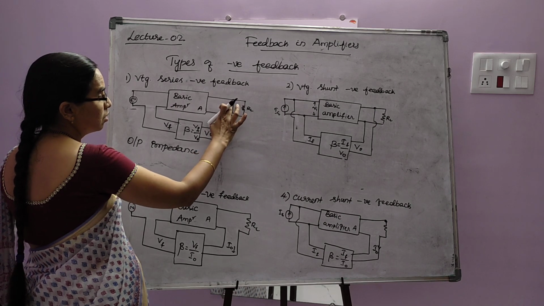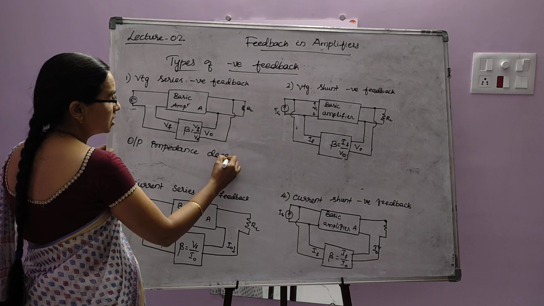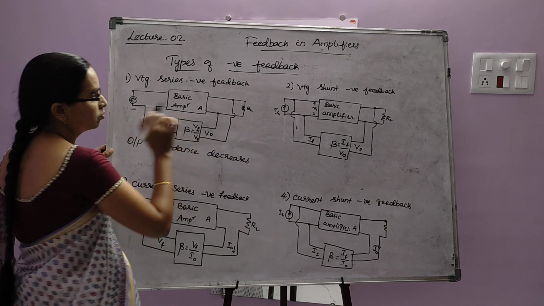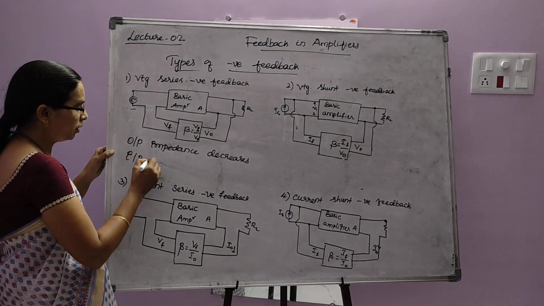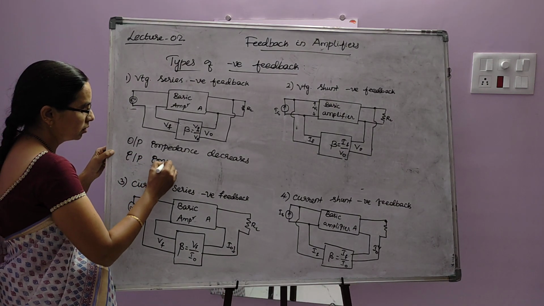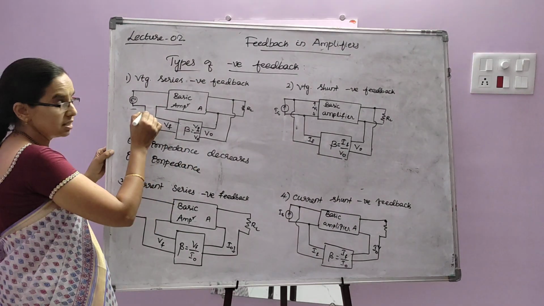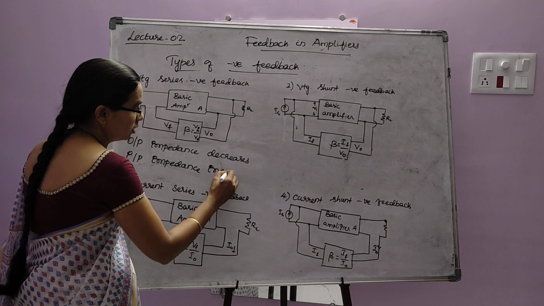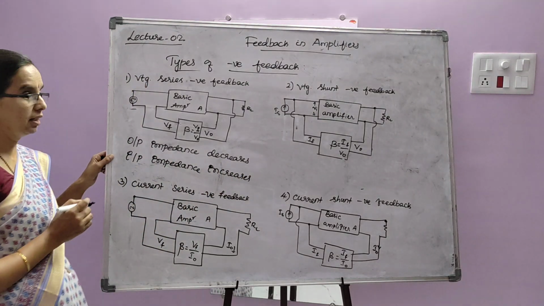Because it is parallel connection, output impedance decreases in the case of voltage series negative feedback, and input impedance increases. Input side connection is series, therefore input impedance increases.